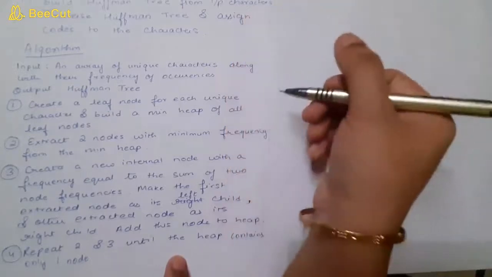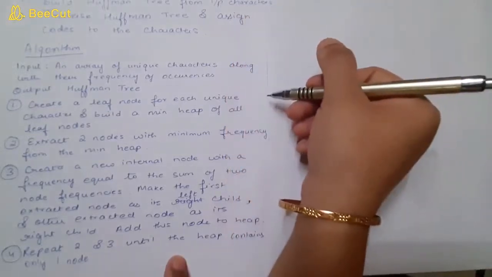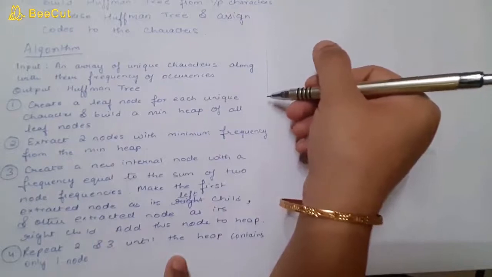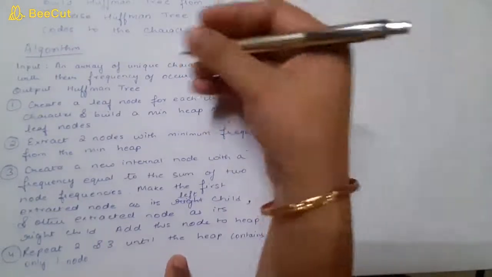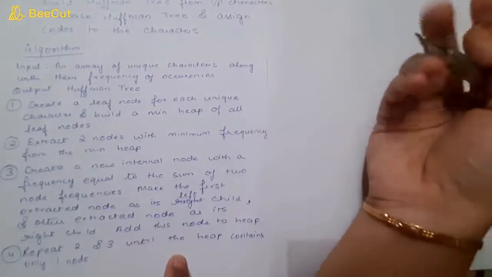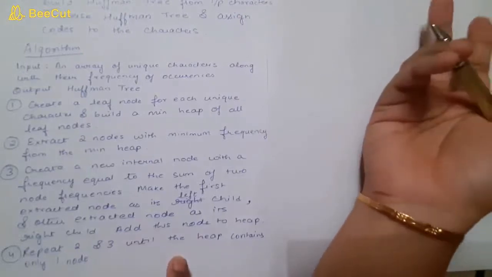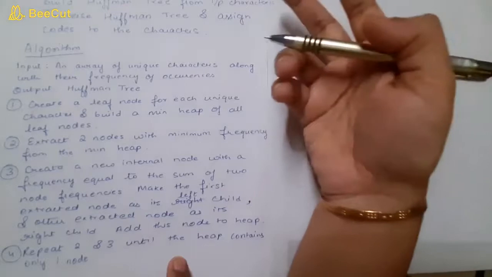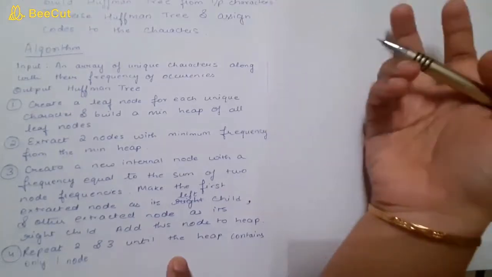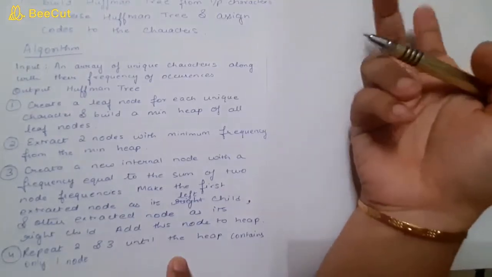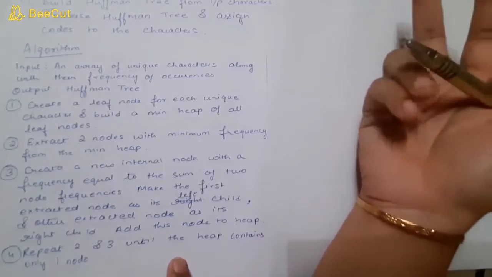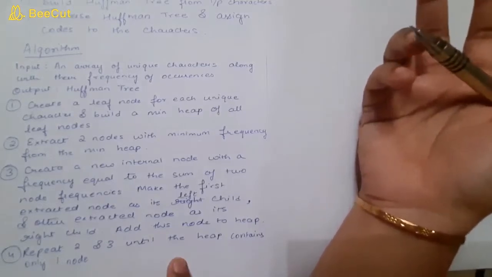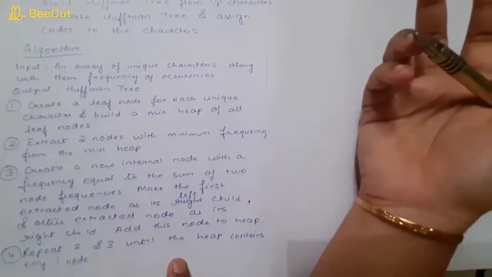So the first step is we need to build a minimum heap of all leaf nodes. The second step, after building the minimum heap, is to extract the 2 nodes with the minimum frequency. Then the third step is to create an internal node. How?